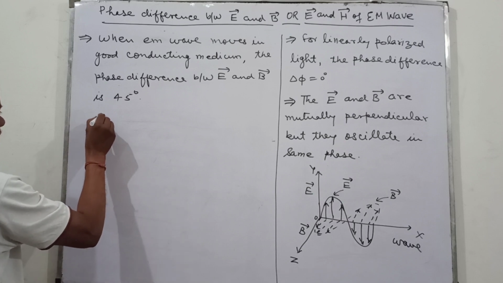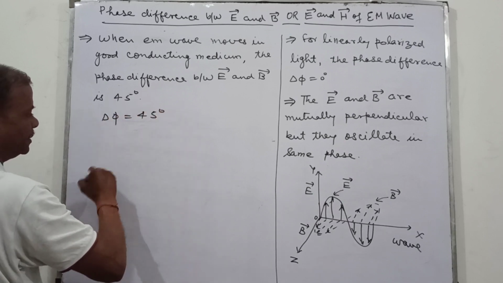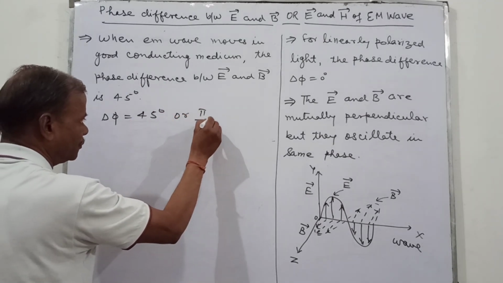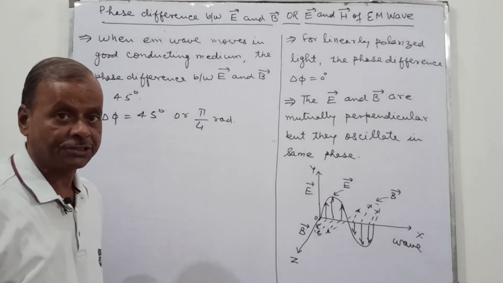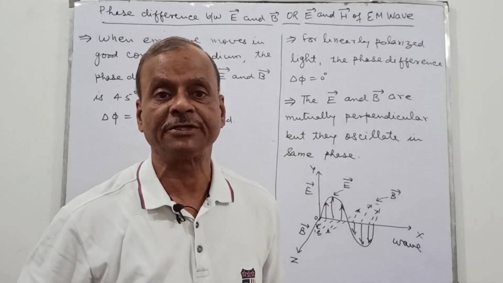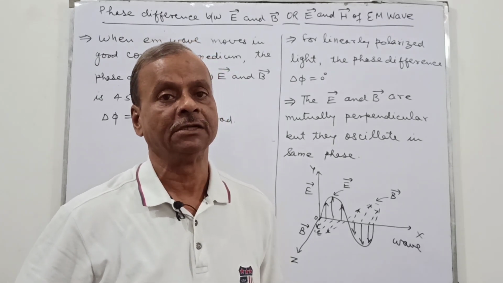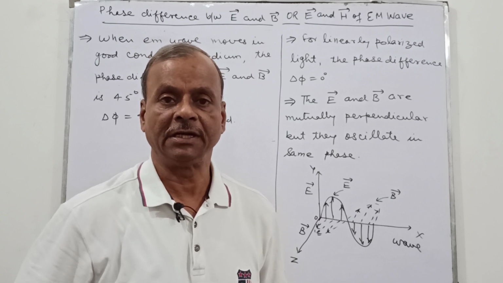It means that this delta phi is equal to 45 degree or pi by 4 radian. So the phase difference in different media is different, but when the source is in free space, the phase difference between E and B is always 90 degree.